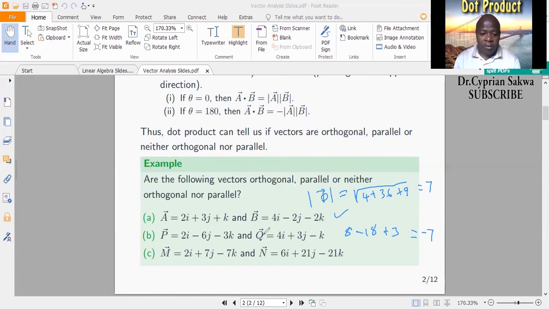What about the magnitude of Q? The magnitude of Q is 4 squared, which is 16, plus 3 squared, which is 9, plus 1 squared. So this is 26.